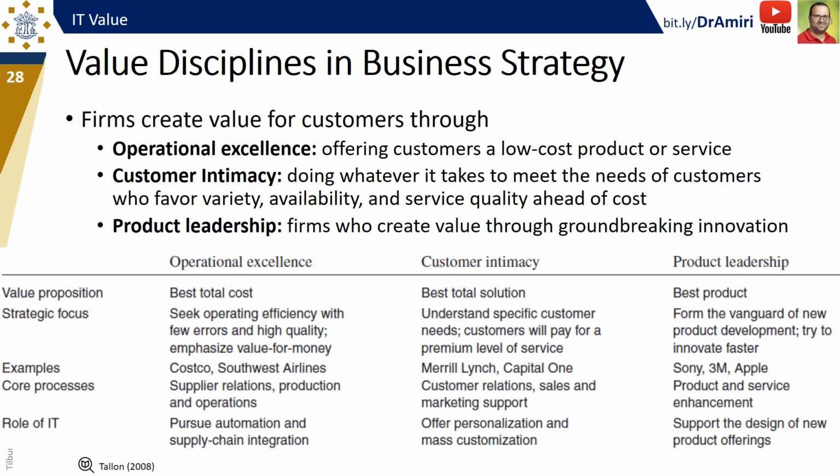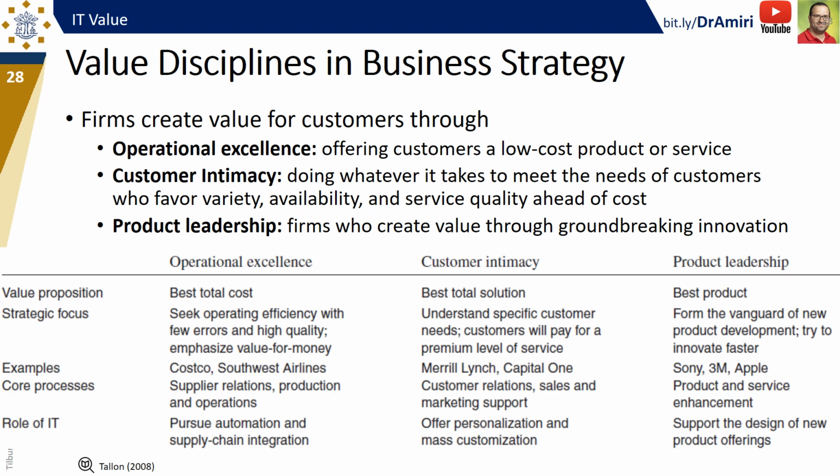The strategic focus of operational excellence is operational efficiency, which means the organization tries to have as few errors as possible because errors are costly. It tries to have high quality in the business processes so that the product that is created has the best value for the money.